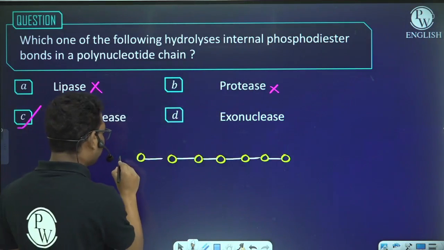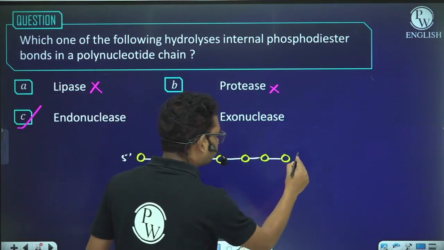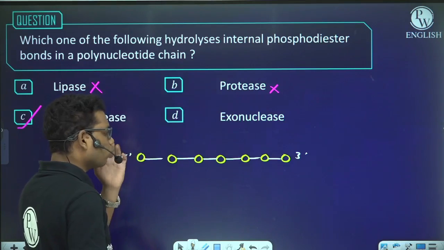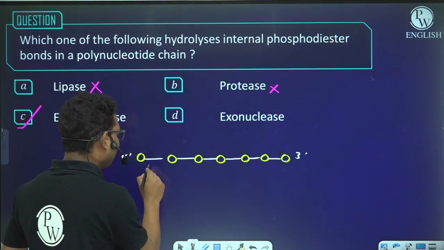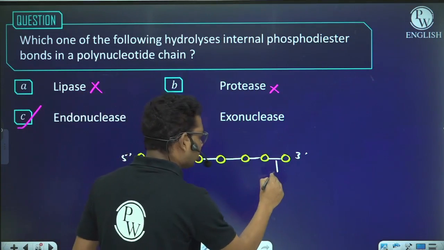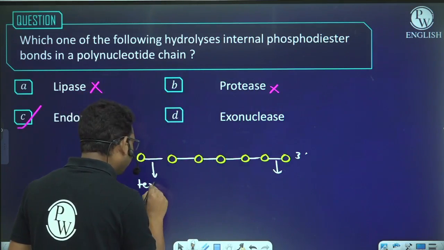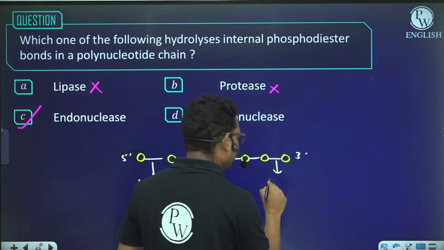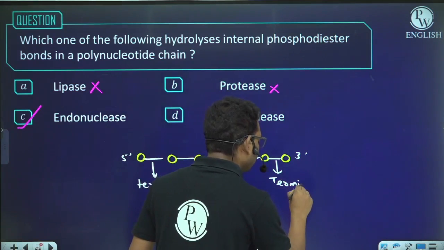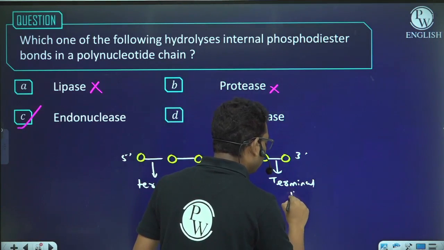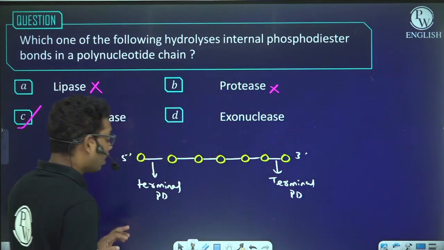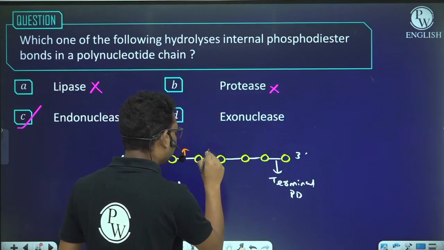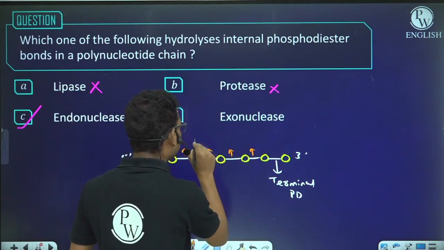Suppose this is 5' and this is 3'. These phosphodiester linkages are classified into two groups. This phosphodiester linkage and this one are called terminal phosphodiester linkages, and the remaining are called internal phosphodiester linkages.